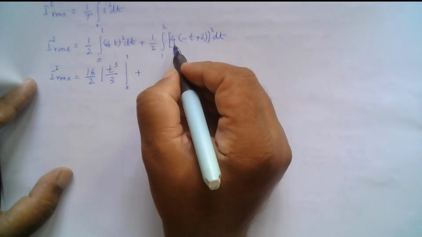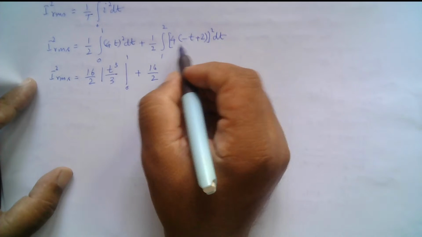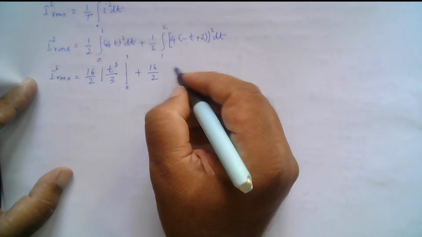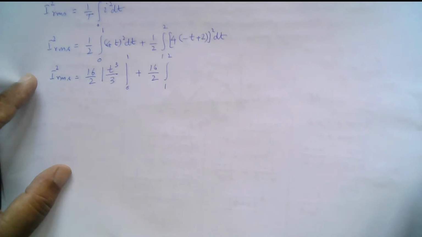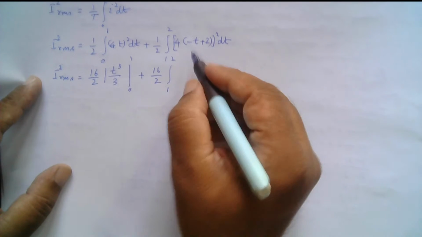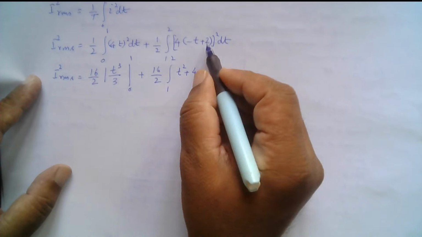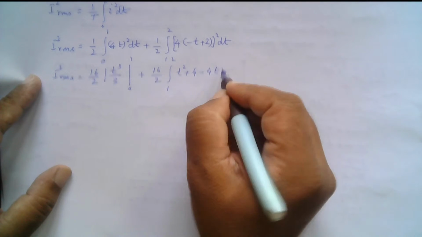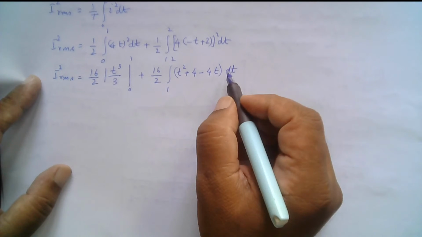Then again 16 over 2, and we need to open this square. So this is t square plus 4, and then minus 4t, and dt here, we're integrating with respect to t.